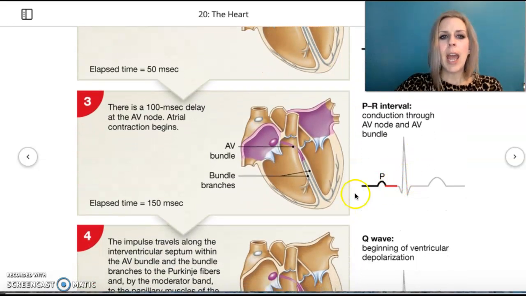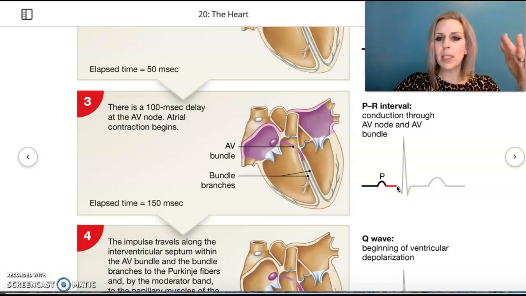Moving down, there is going to be a 100 millisecond delay at the AV node. Now, this is going to be caused because the atria have to fully relax before the ventricles can contract. So we see about 100 millisecond delay, and then we're going to see this slight shift towards this PR interval. This is what we call our PR interval, where we are conducting from the internodal pathways to the AV node.